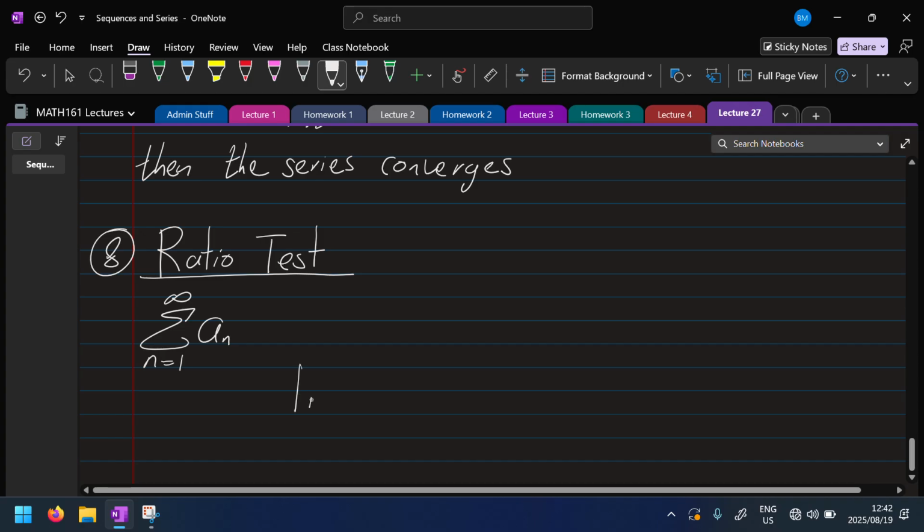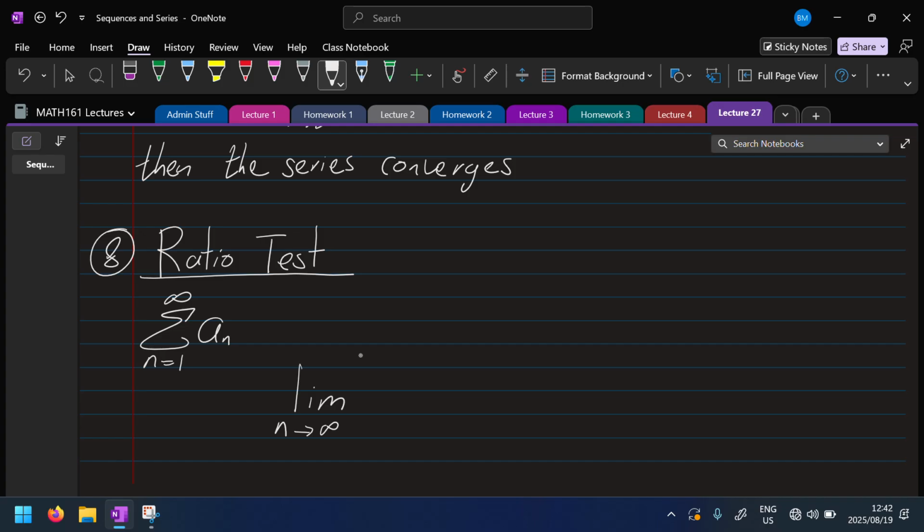We calculate this limit. So it's the limit as n goes to infinity, absolute value. Very important to include that. a_(n+1) over a_n. Okay, so you look at the next term, a_(n+1), divided by the current term, a_n. Okay, and you call this L.